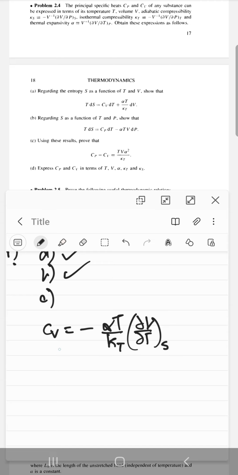And then Cp is just equal to positive alpha T times V, and then you got partial P by partial T at constant entropy. Now you somehow want to be using these equations to prove that equation, right?